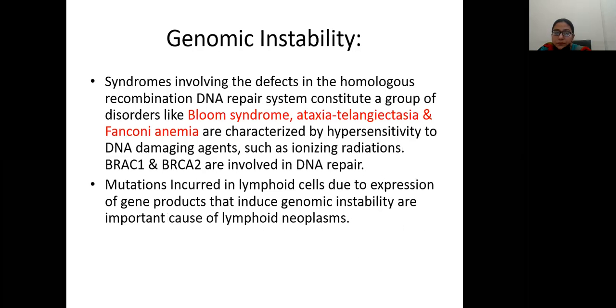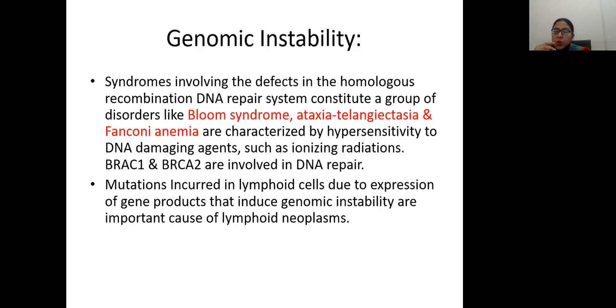Clear? The syndromes involving a defect in the homologous recombination DNA repair system constitute a group of disorders which we call Bloom syndrome, ataxia telangiectasia, and Fanconi anemia. These types of diseases are associated with a defect in the DNA repair system.